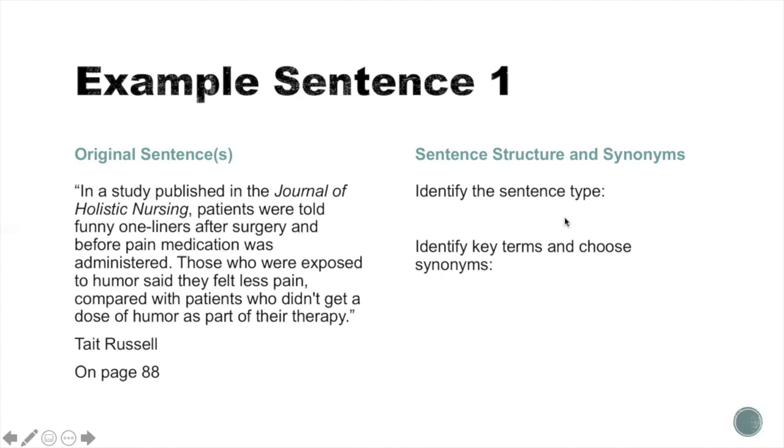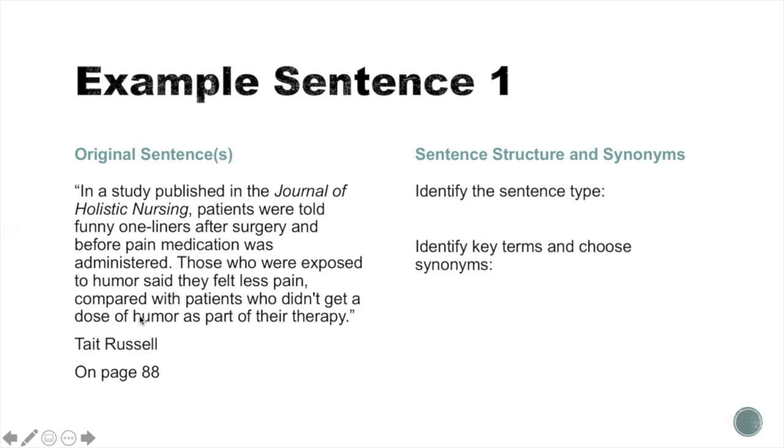The second step is to identify key terms and to try to choose synonyms, words that mean similar things, so that we can use new vocabulary in our paraphrase. So with patients, are there any words you could use instead? Maybe with pain medication, are there any words you can use?